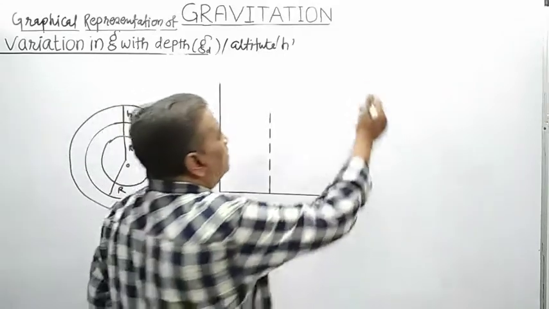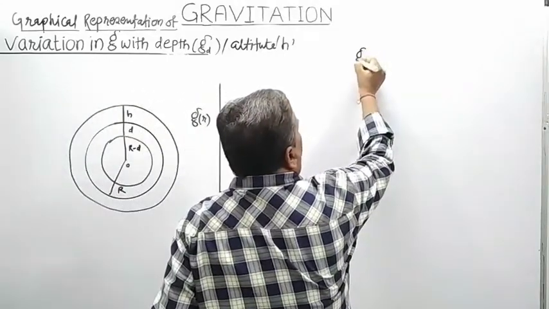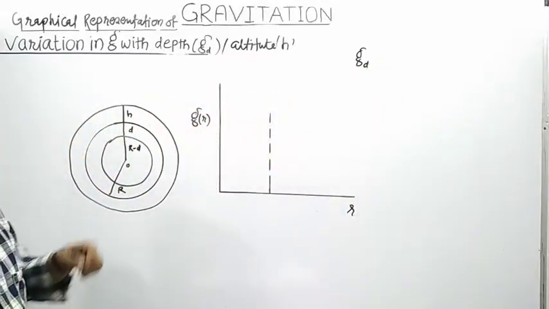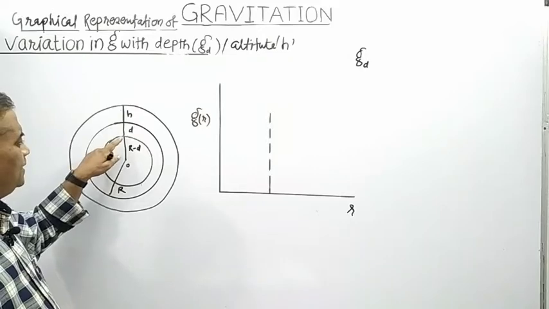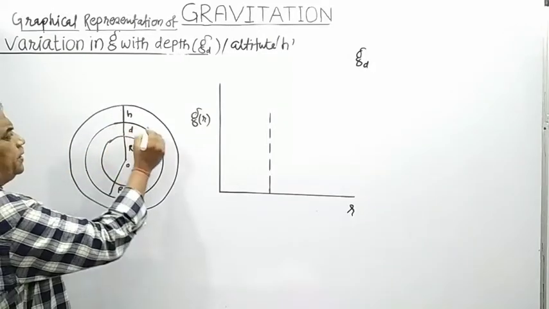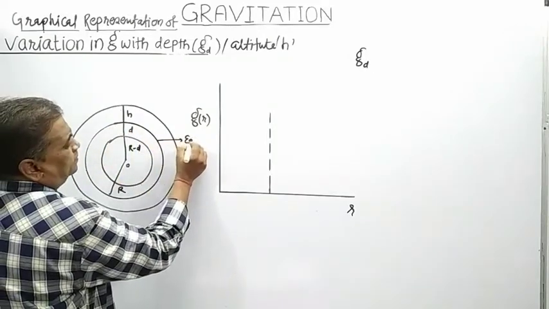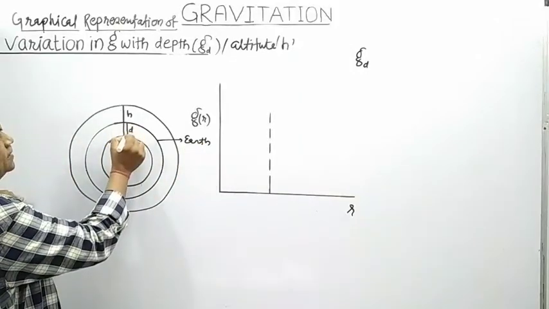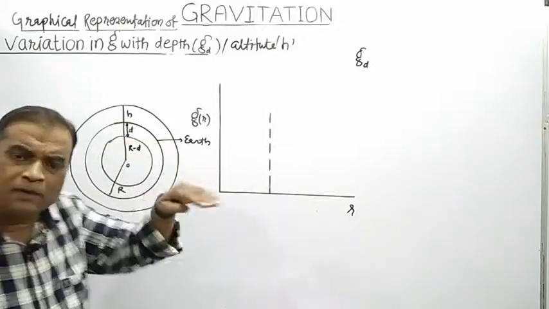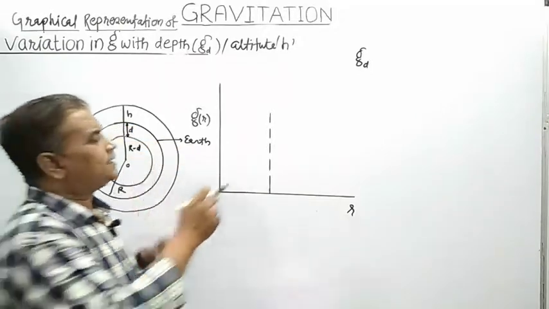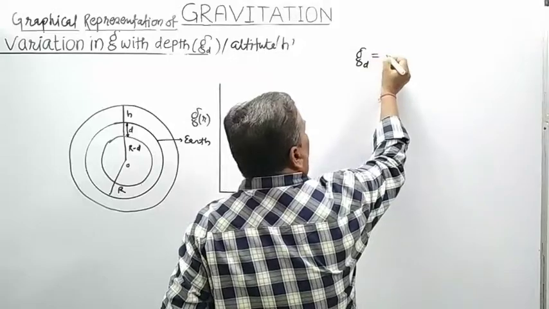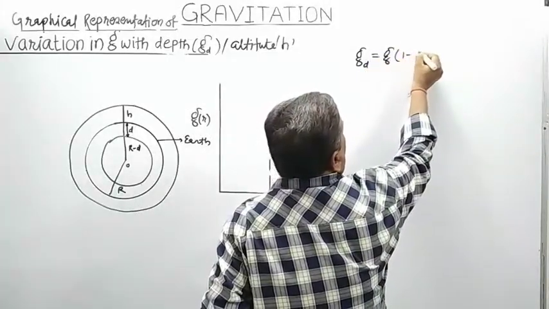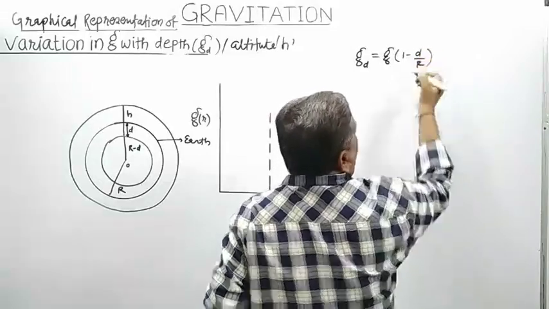Just now we derived that when an object of mass m is taken to a depth d below the surface of the earth, the acceleration due to gravity acting on the object at depth d is gD equal to g into (1 minus d divided by R).